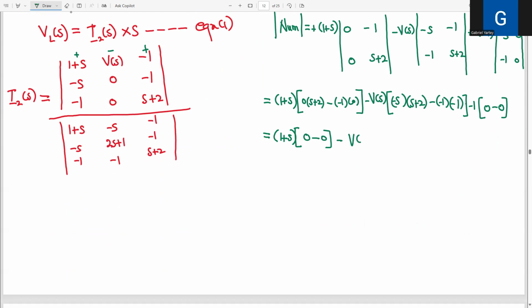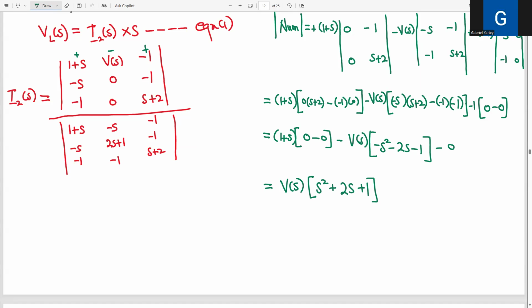You have V of S multiplied by minus S squared minus 2S minus 1. And you have 0 here. So you are being left with V of S multiplied by S squared plus 2S plus 1. There's the determinant of the numerator.